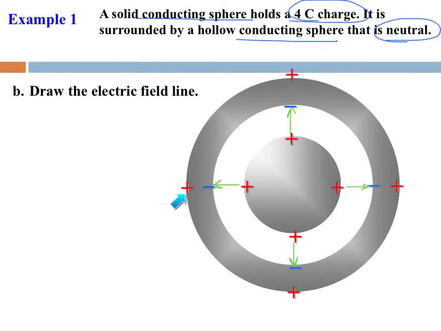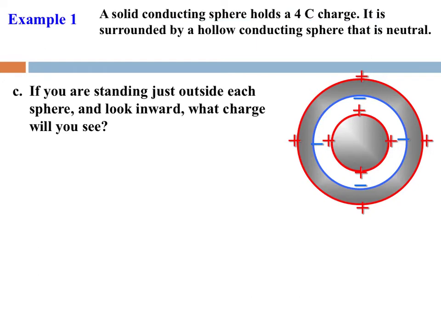And then outside of that, I will also have an electric field. So again, these positives are going to go outward at all points. Now for part C, it says, if you are standing just outside each sphere and look inward, what charge will you see? This is imagining our Gaussian surfaces. So let's say that we create a Gaussian surface here.